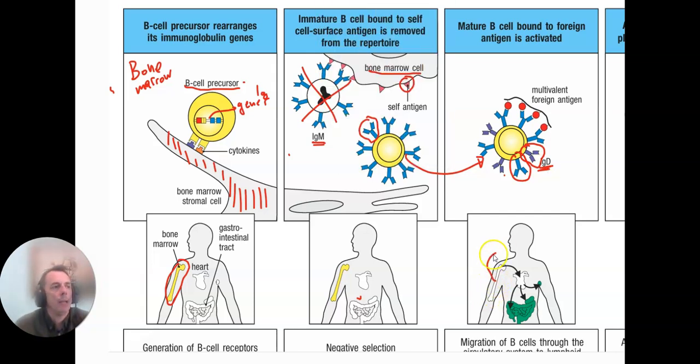B cells will migrate from the bone marrow to the secondary lymphoid organs primarily through the bloodstream, rather than the lymphatic vessels. They exit the blood and then enter the lymphoid tissues. The lymphatic network is more involved in the trafficking of lymphocytes from tissues back to the lymph nodes, but initial migration to secondary lymphoid organs is blood-borne.